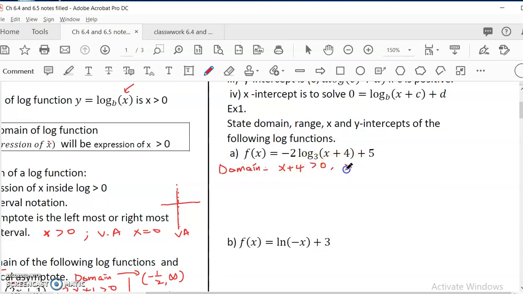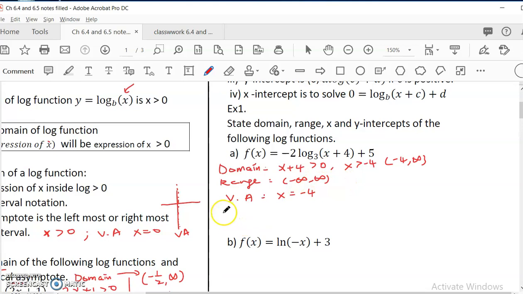So x is greater than negative 4, all the way to infinity. The vertical asymptote is at negative 4, which is the boundary, so x equals negative 4.